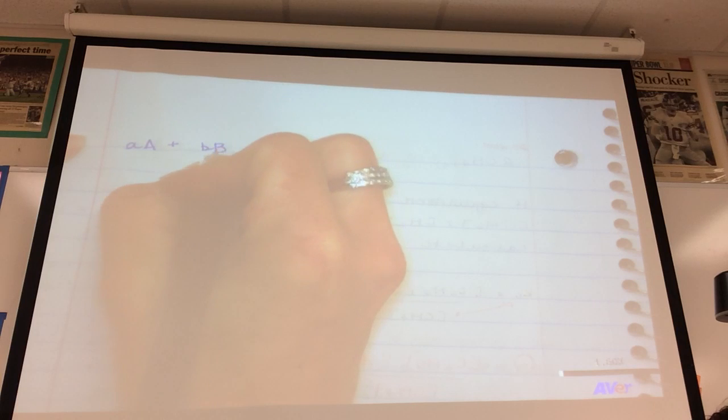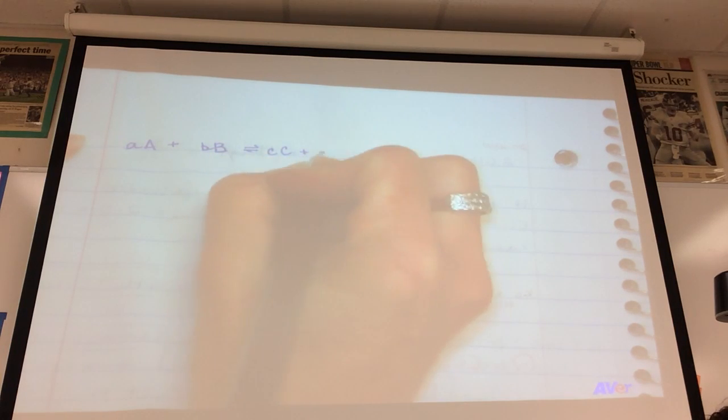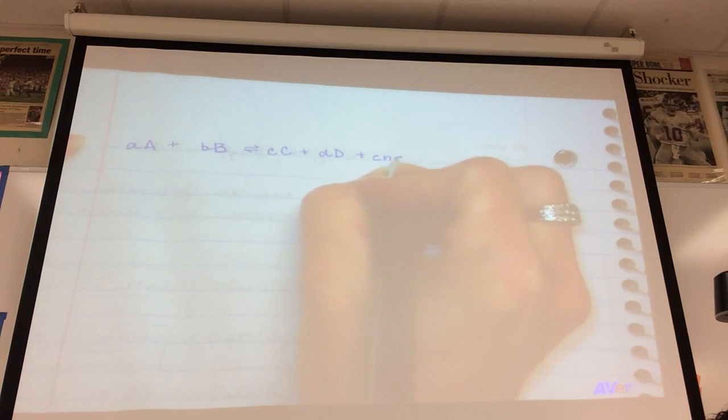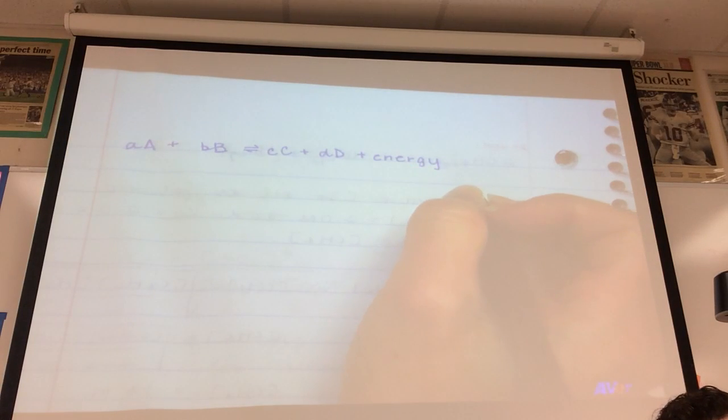For example, let's say that you have some generic equation and if I put the energy term here, is the reaction endo or exothermic? Exo, and I could have given you some delta H value.